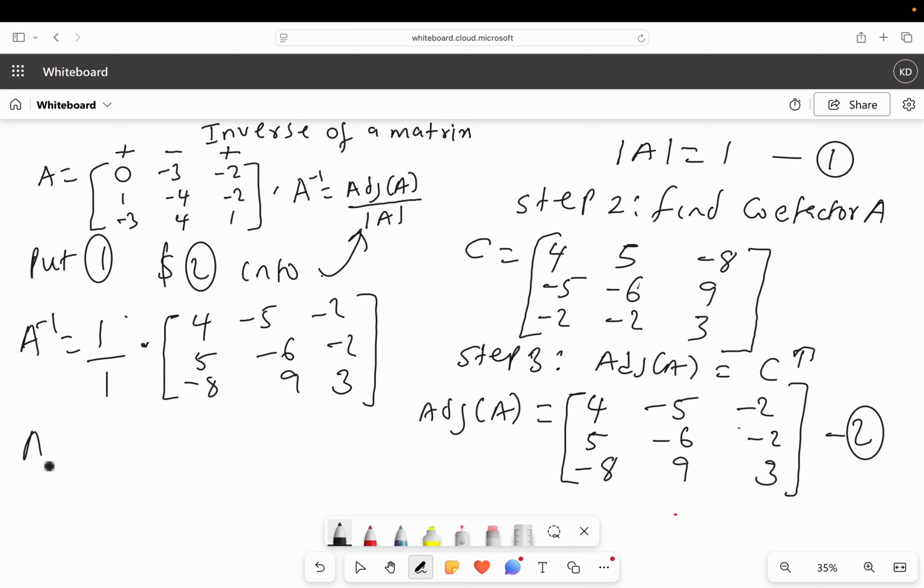So basically it means my A inverse will be 1 over 1. So it's like I'm multiplying 1 by the entire matrix, and I will just have 4, minus 5, minus 2, 9, and 3.